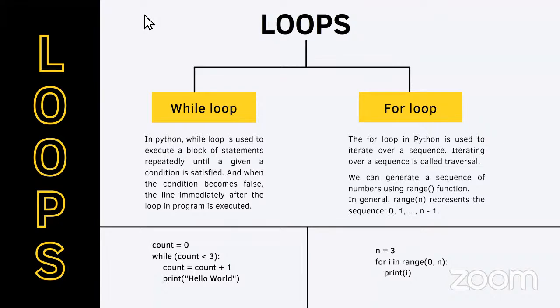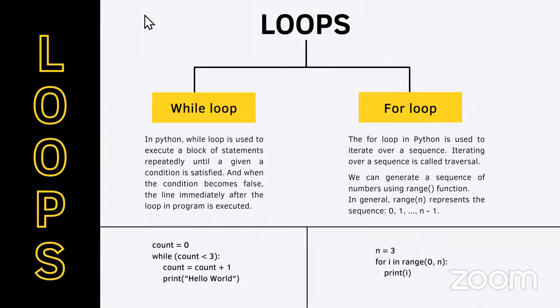Now comes why it is 0, 1, 2. Let us see that. Firstly, the value of n is 3, right? So for i in range of 0 to 3. Firstly, the value of i is 0, so we are just printing 0. Next, the value of i will be 1, so it will print 1. Then the value of i is 2, so we will print 2. From 0 till 2 we will go 0, 1, and 2.